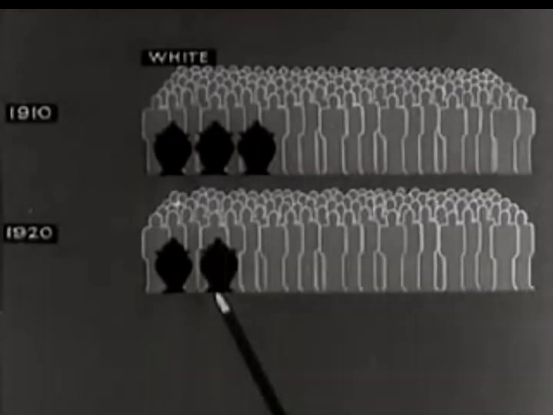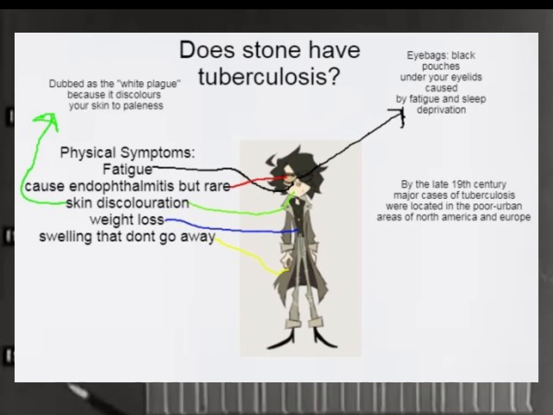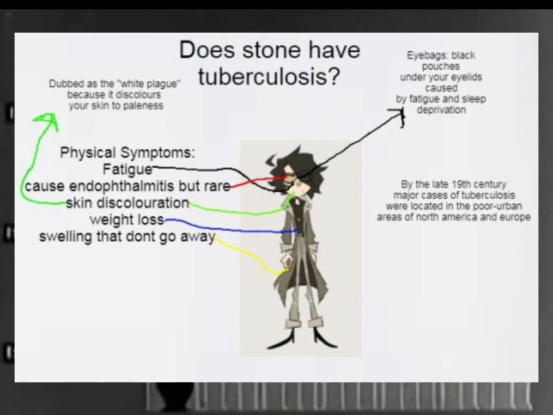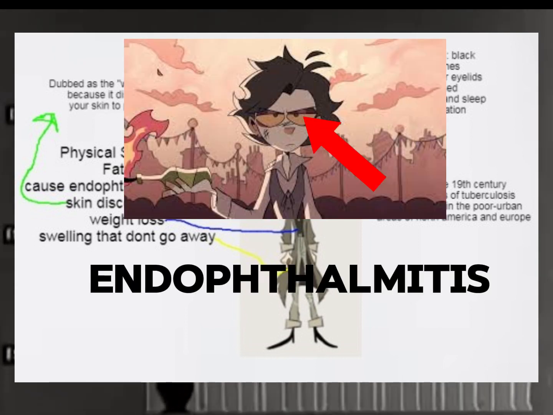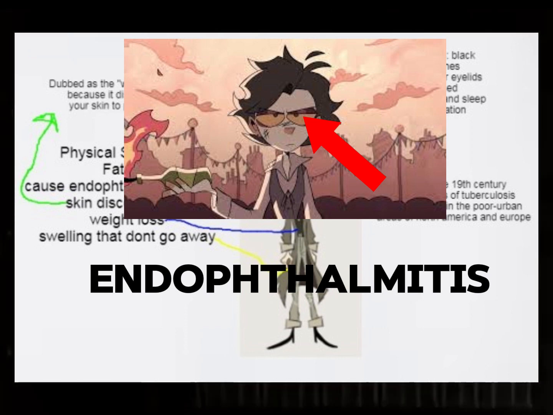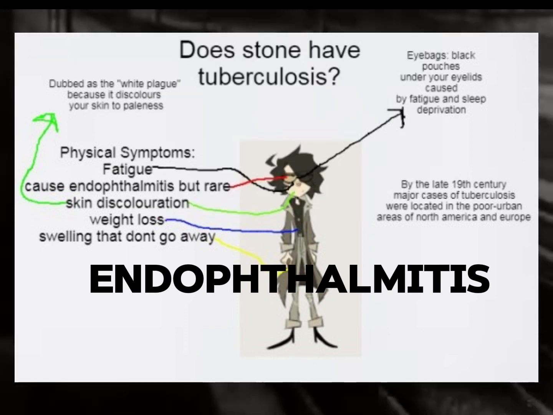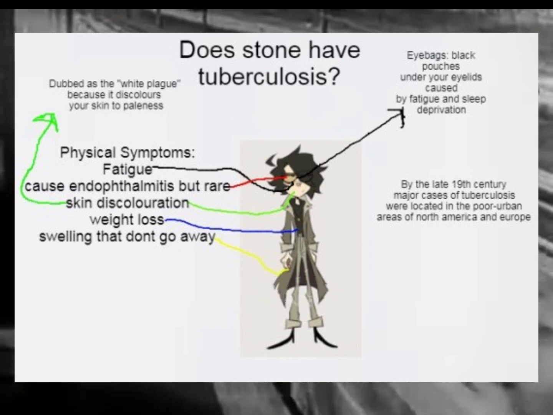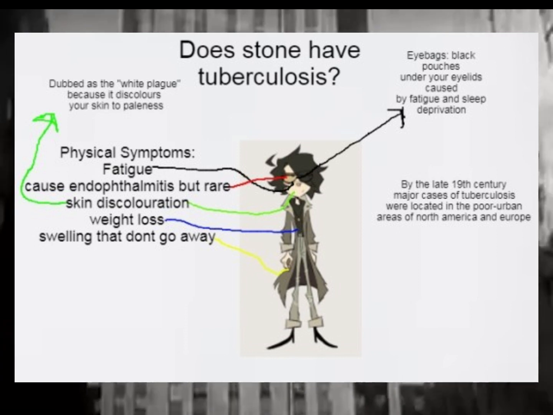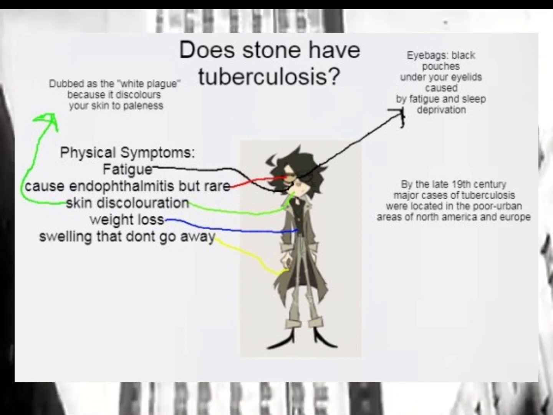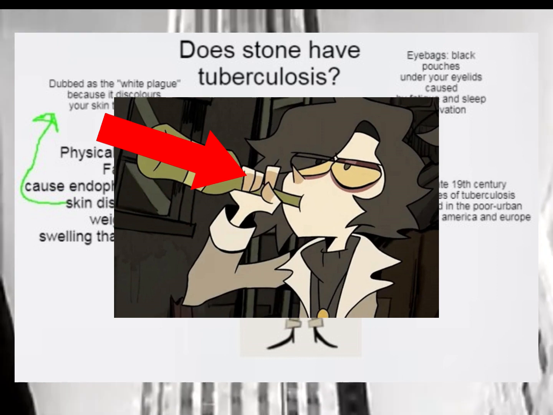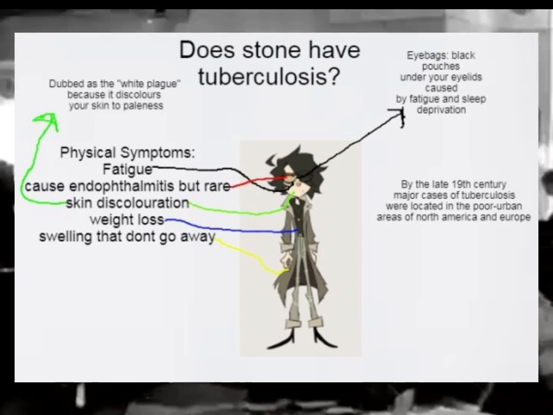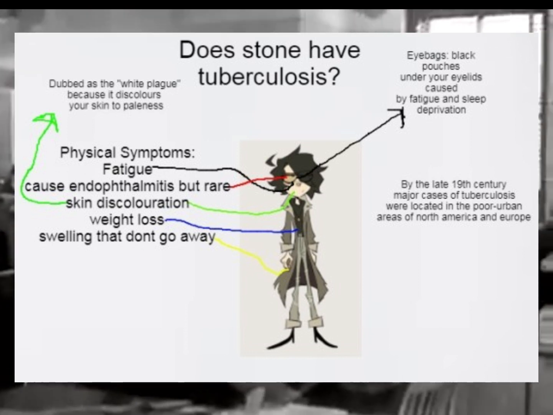Why? Because if you can see in this picture right now, every physical symptom that's highlighted is related to TB. For example, you've got endophthalmitis, which causes pus in your eye. Pus is yellow. It's also known as TB endophthalmitis when the TB is active in your eye. Also, if you can see his fingers, they are swelling, and it's another symptom of TB, because if the swelling doesn't go away in a couple of weeks, then it could be TB.